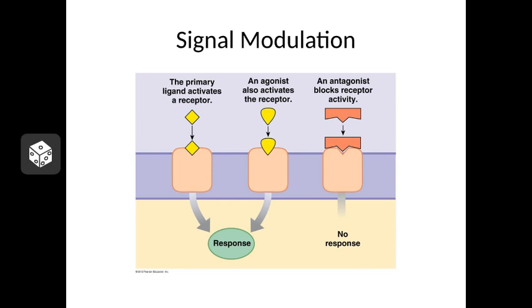So here on this slide, we see that our primary ligand is going to activate a receptor, and an agonist, in other words, a chemical that does something similar, also activates the receptor, and you have an increased response. Another way that a signal can be modulated is if an antagonist will block the receptor activity, and then you'll either have diminished response or no response at all.